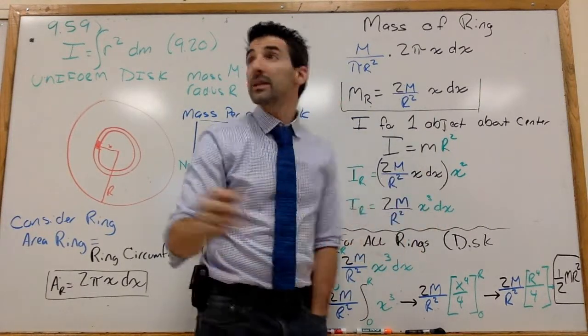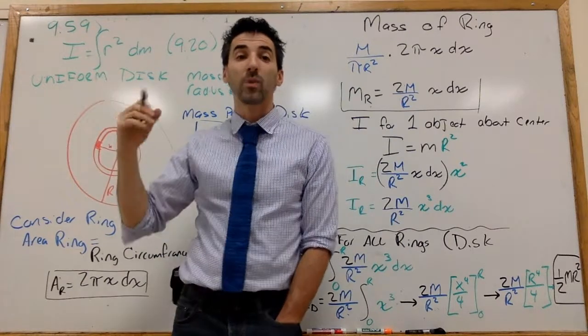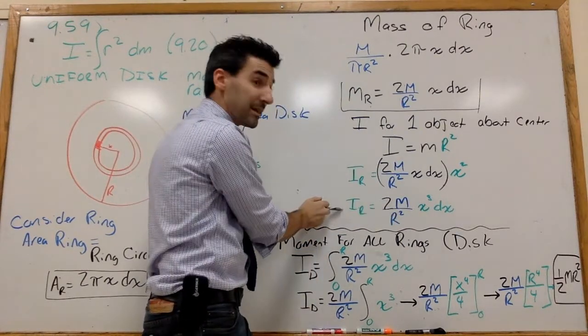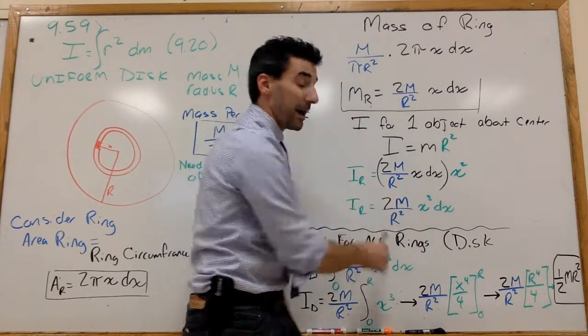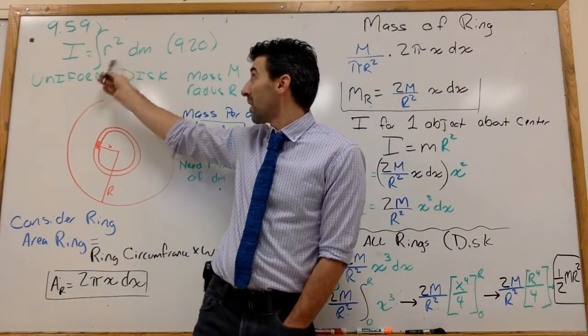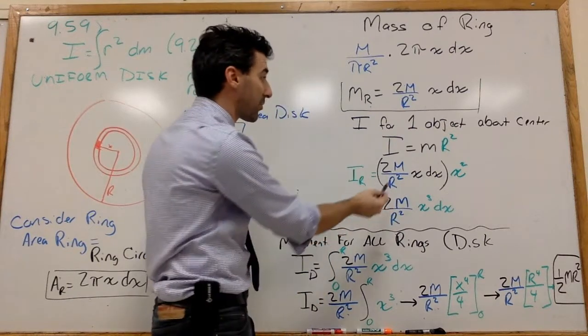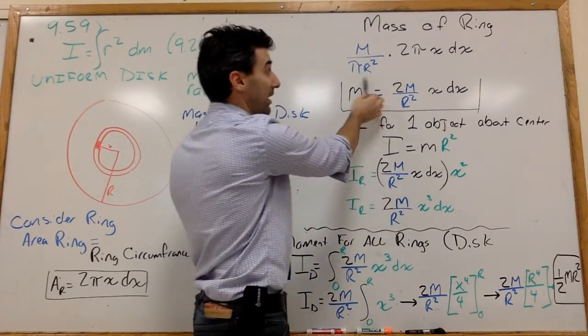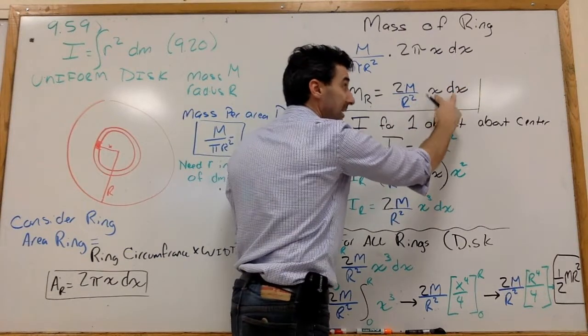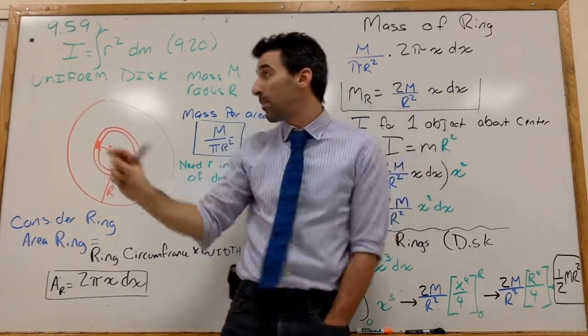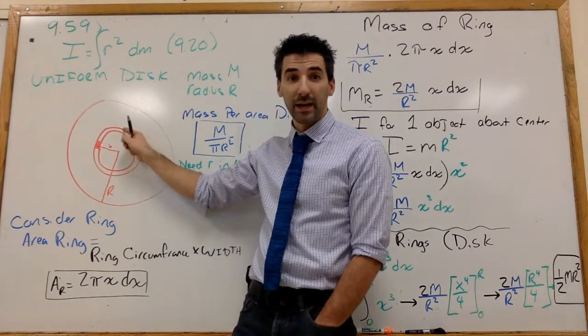Now, what we've done inherently is take my relationship of r dm, and I've already incorporated that here. This is my mass dependent on some distance or some portion of the ring x.